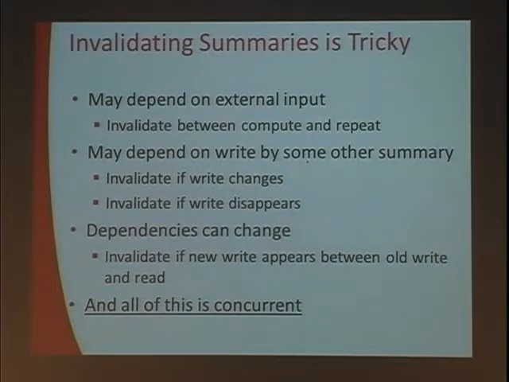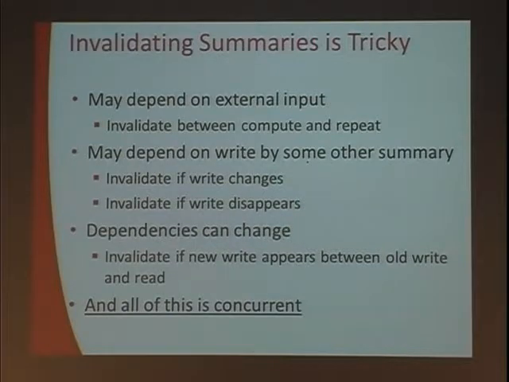You're recording this arbitrary computation that may depend on external input, which is invalidated between the compute, the record, and the repeat phases. Furthermore, some later computation may depend on an earlier computation, and both of those may be in the record phases. So you need to deal with the problem of writes disappearing, that is, locations that were previously written are never written now, or you write new locations that you never saw before.